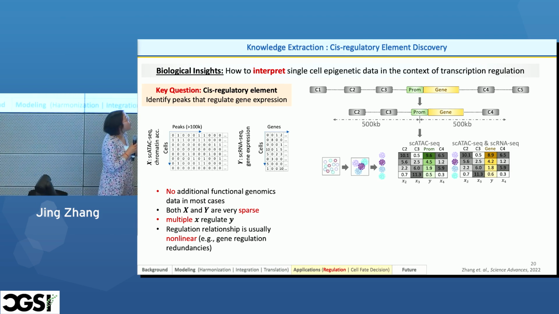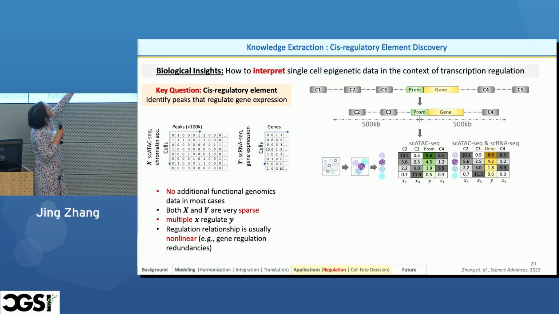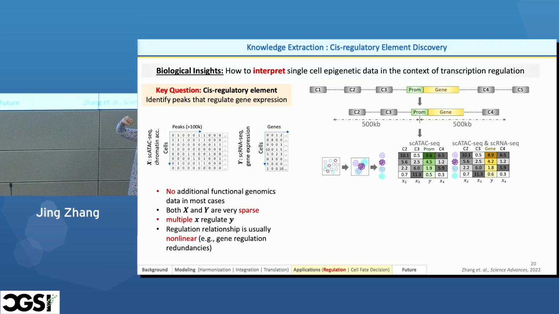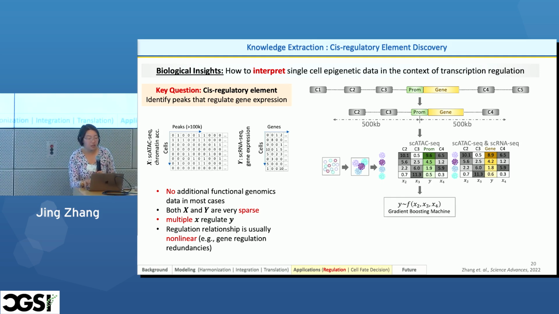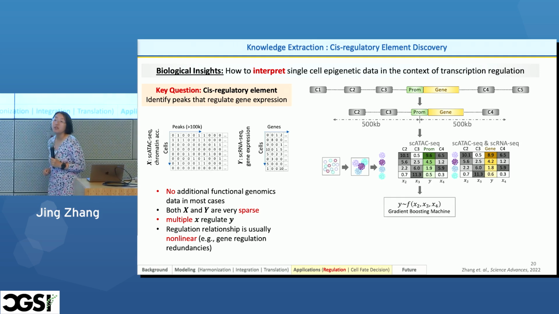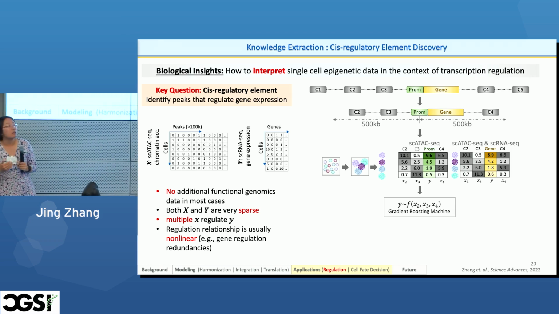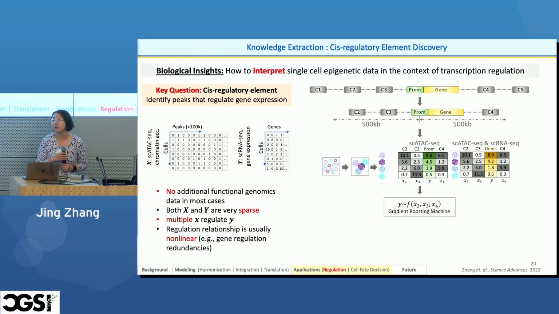And now we have two dense matrices, and Y is basically the gene expression, now dense already, and we have different X vectors to represent how open or closed each open chromatin region is. And then the task is easy. We can build a predictive model between X and Y. And to handle the nonlinear feature interactions, we use a gradient boosting machine here.